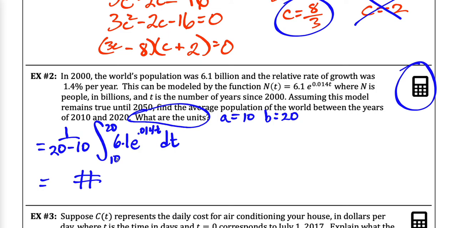I'm assuming by the question saying what are the units, it's trying to ask what would you label the number answer. So whatever this number comes out to be, what does it represent? Perfect. You definitely knew what you were talking about when you said years. Whatever this number comes out to be, it represents how many billions of people was the average population of the Earth between 2010 and 2020.